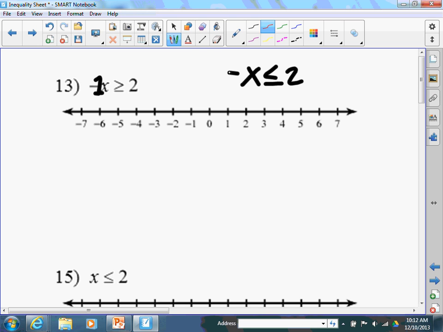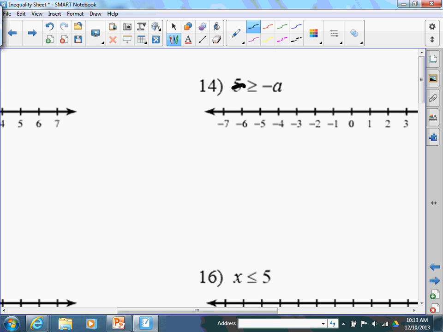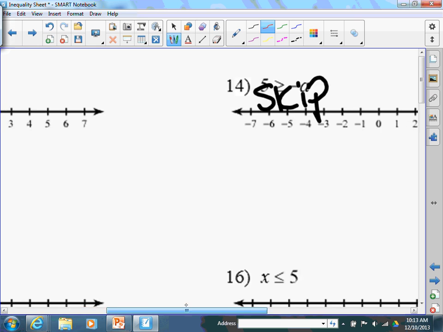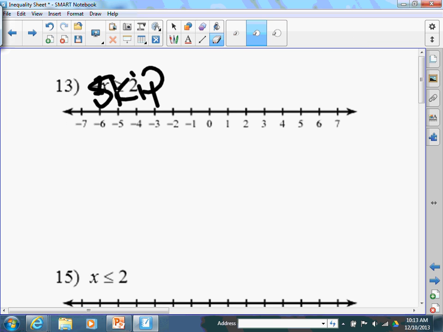Or we can leave it this way. Okay? So let's just skip 13 and 14. I don't think we'll see one like this, and I don't want to confuse you.